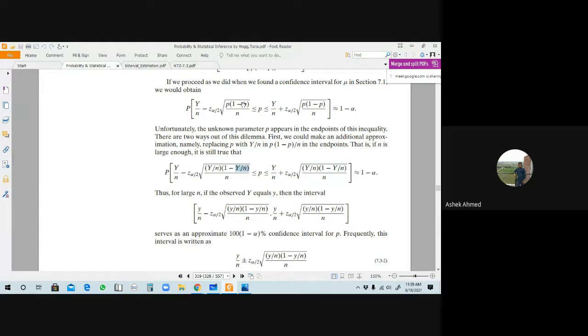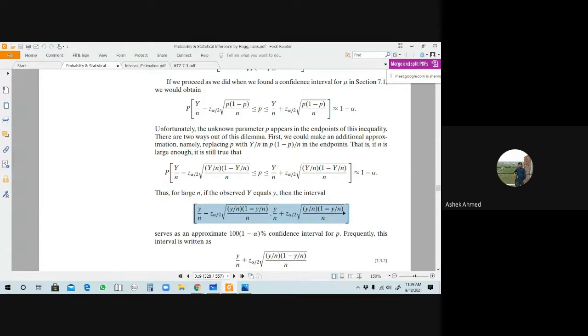Here the left endpoint and right endpoint p have been replaced by y by n, and the middle p is the same. Do you understand? Response me. Yes.